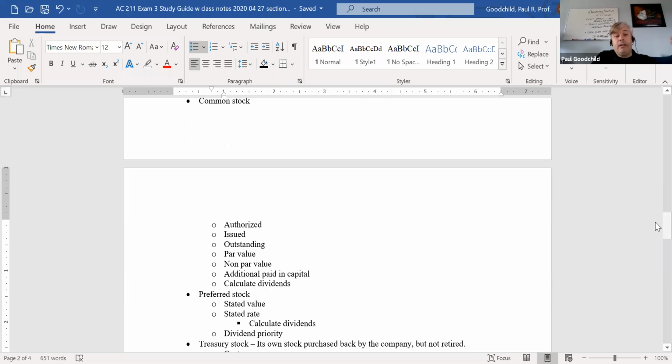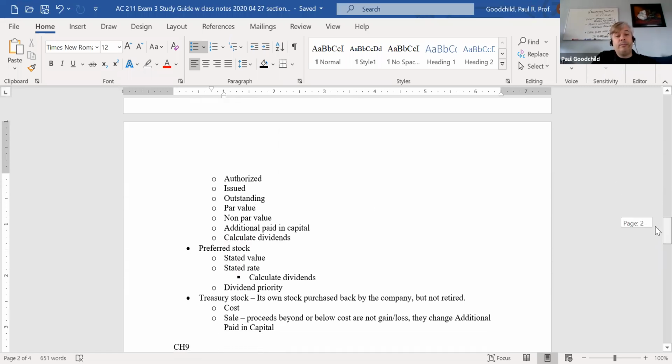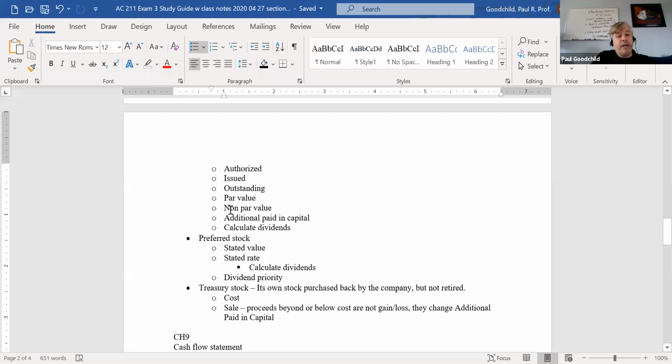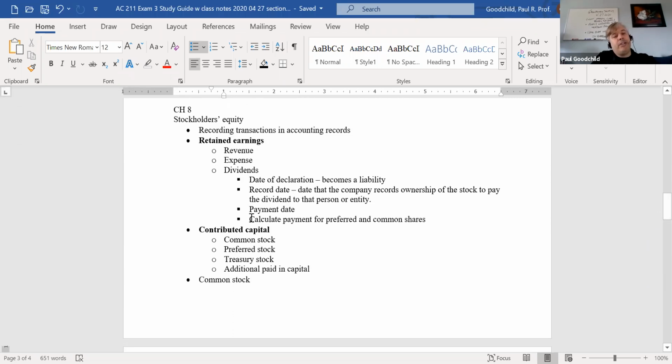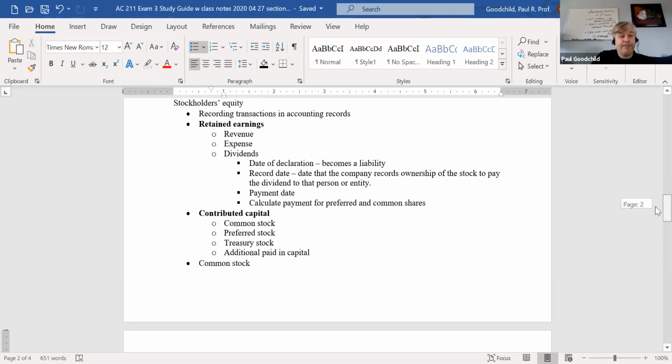And then if you have par value, non-par value, or no par value, additional paid in capital, and then calculation of dividends. And that's no different than the calculation of dividends up above. I just put it in retained earnings to remind you that dividends are deducted from retained earnings.